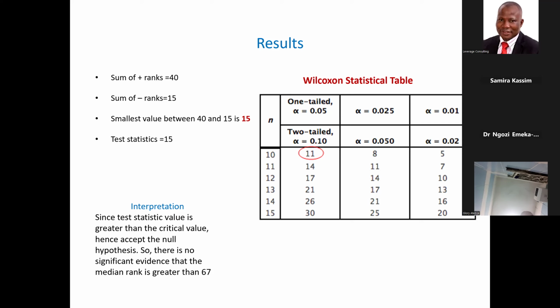And you know that when the p-value decreases, it's more likely to be significant. So the critical value for a sample of 10 is 11. So if, let's say, the calculated value is less than 11, maybe the smallest value is like 8, 9, or 10, we say significant.